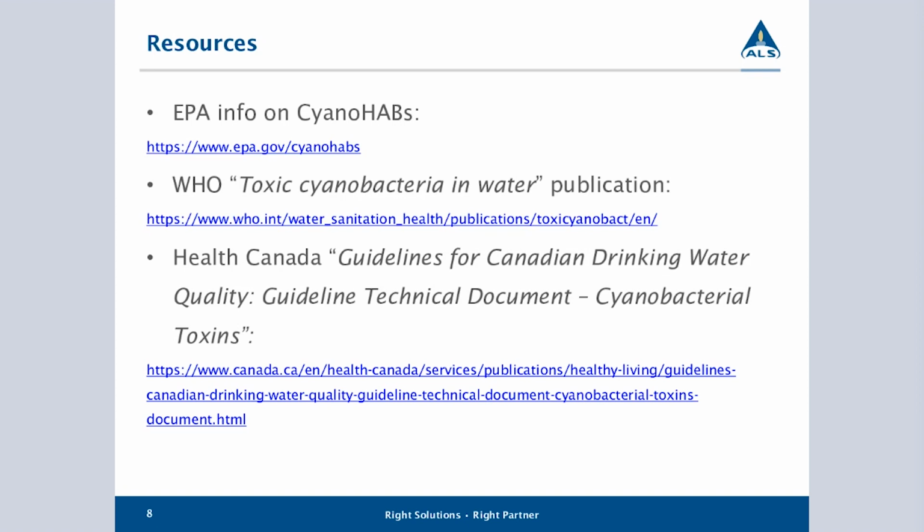It's very well organized and it's pretty user-friendly. Also, many states and provinces, at least in North America, also have their own individual guidelines for acceptable levels of cyanobacteria in drinking water and recreational waters. So I encourage you to check with your local government's water quality division for any recommendations that they might have.